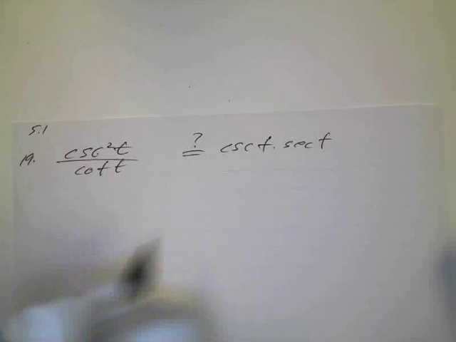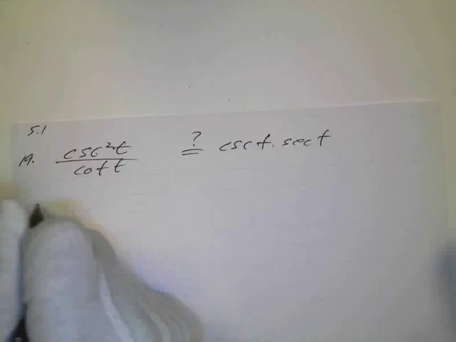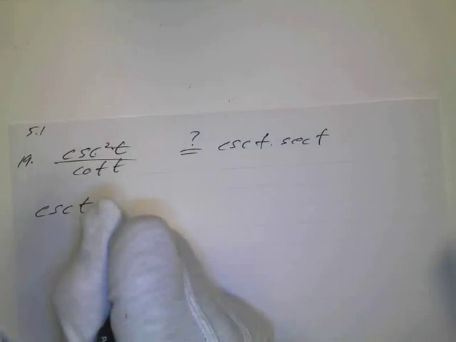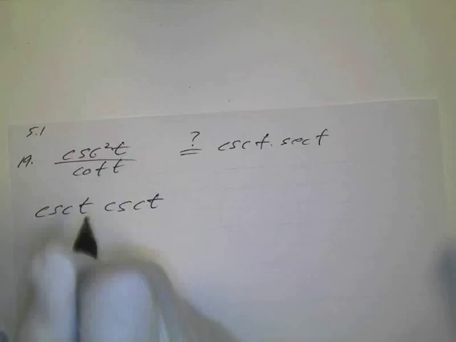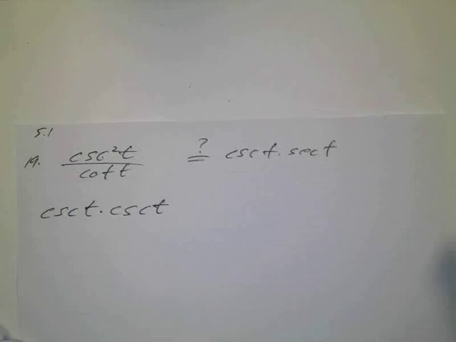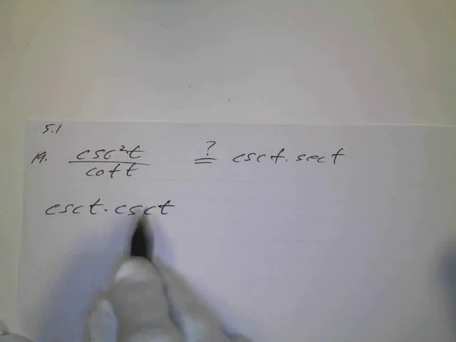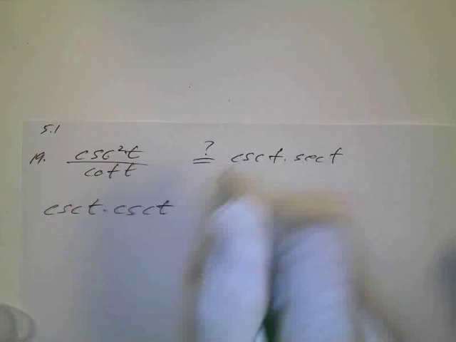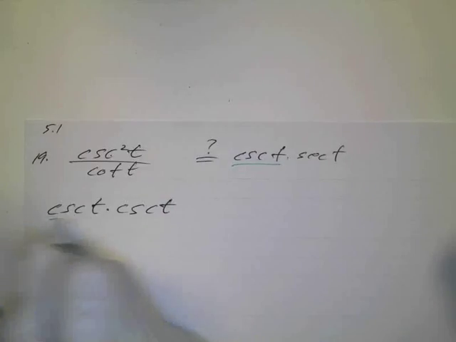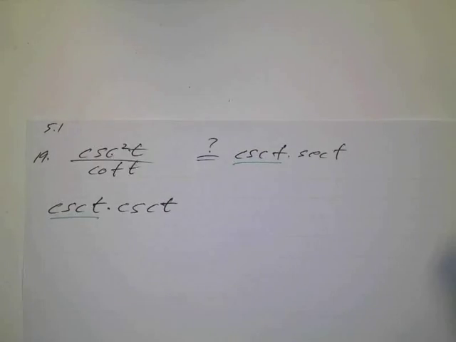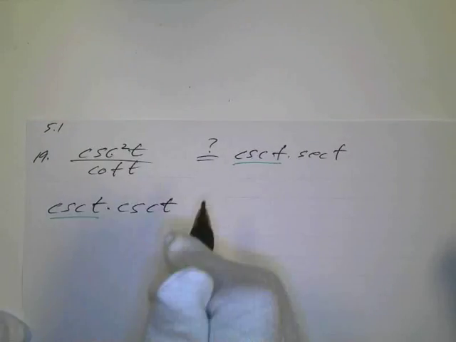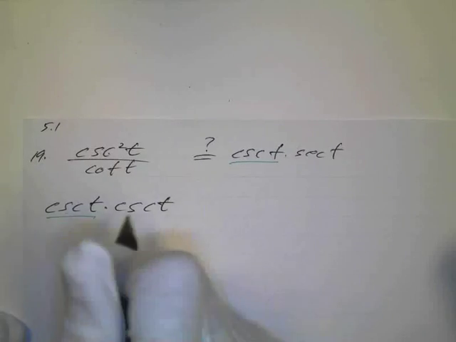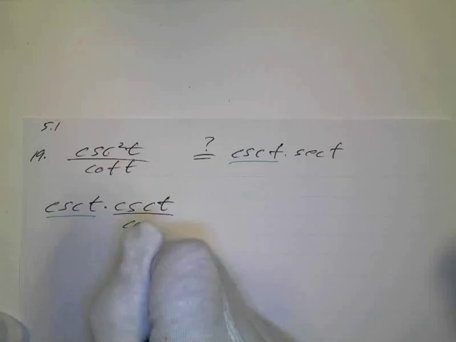And listen, this is a cosecant, isn't it? I got two of these, so why don't I break this up like this? Isn't that the same thing as a cosecant squared? Yeah. So I got two of those. And I've already got part of my identity already done. So why don't I put the cotangent underneath here?